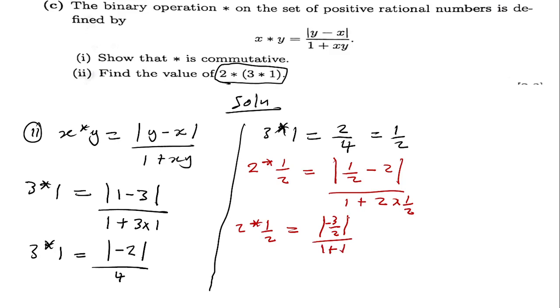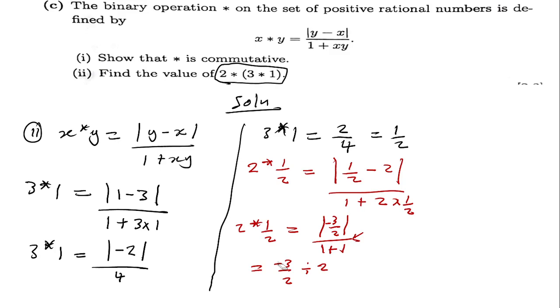So after you do that, you are going to have negative 3 over 2 divided by 2 there, coming from that denominator. This has to be positive because it is a modulus, so this will be positive like that.